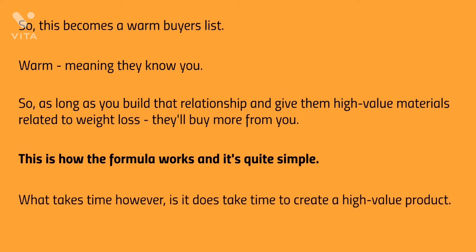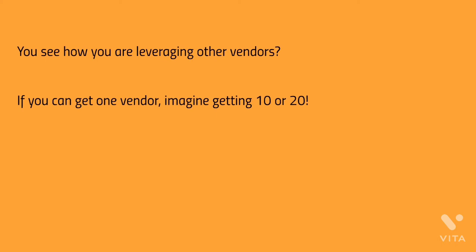So really what it comes down to is most of your time will be focused on analyzing the vendor and buyer, and then creating a high value product that they are already buying out on the internet, but you just produce something of higher value. So you see how you are leveraging other vendors. If you can get one vendor to put this on their thank you page, and even if you're getting a few subscribers a day, those are actually building your customer base list.